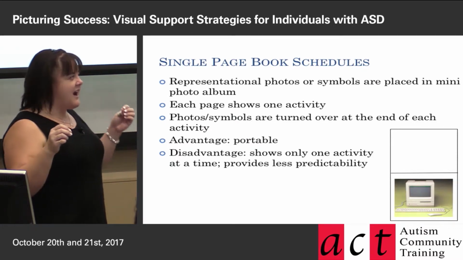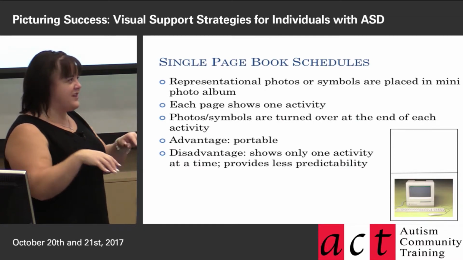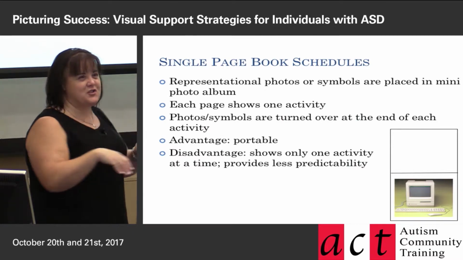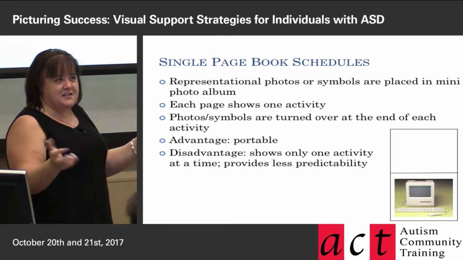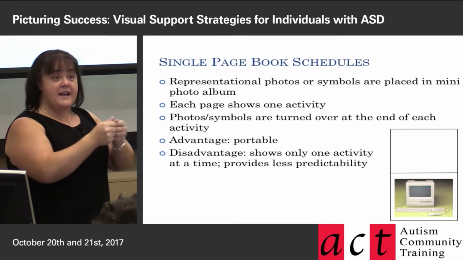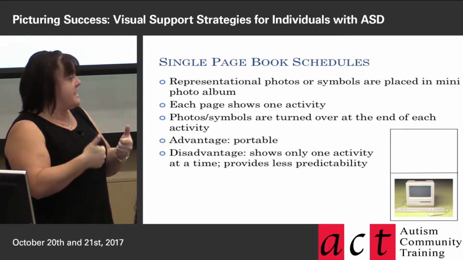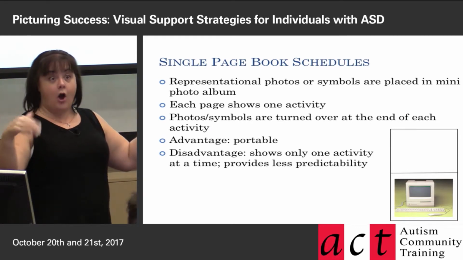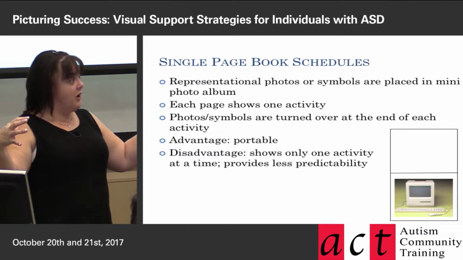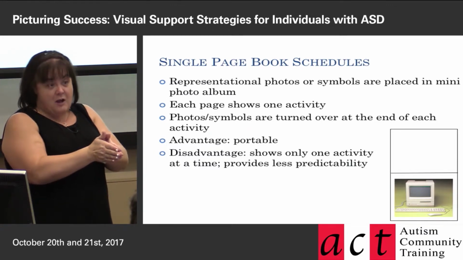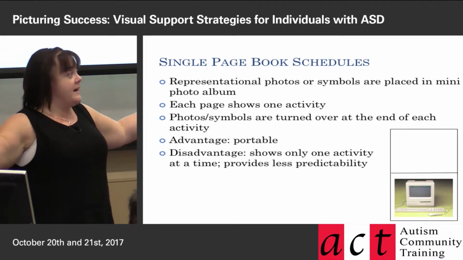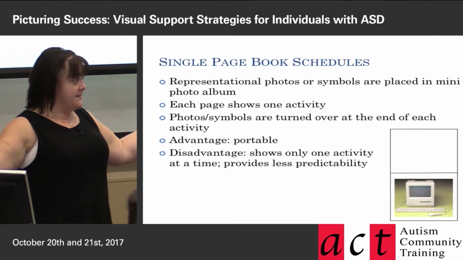I kind of haunt craft stores and craft departments and dollar stores, and I collect this kind of stuff. But sometimes you can get accordion fold photo albums, which are even better, because then you can sequence all of your photos for a schedule, close it up, it's nice and portable, put it in a backpack or whatever, and when you need to see the schedule, you open it up and you can see everything all at once.